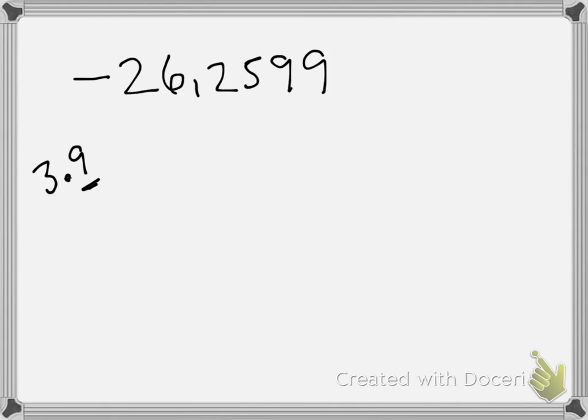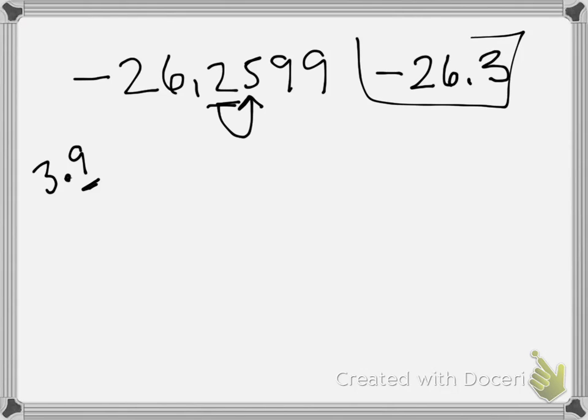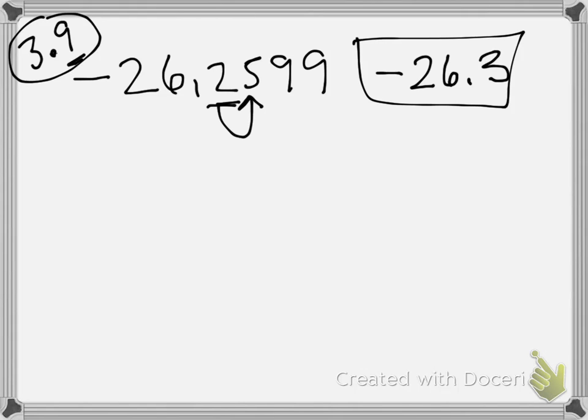So you can have 1 space behind the decimal in this answer, which means you're going to keep this and round based on this. So your final recorded value for that should be negative 26.3. Okay? Negative 26.3. And you know what? We'll set up in the corner for each of these which number is governing how many you can have.